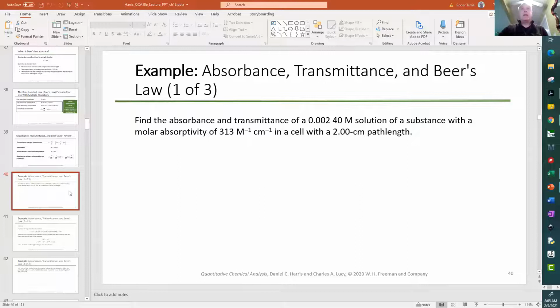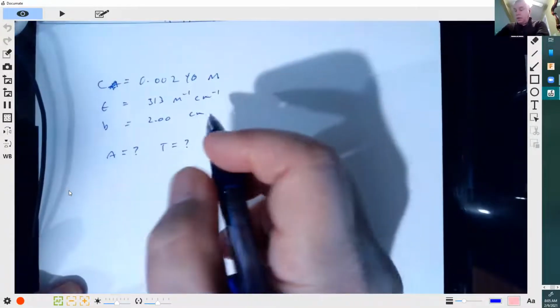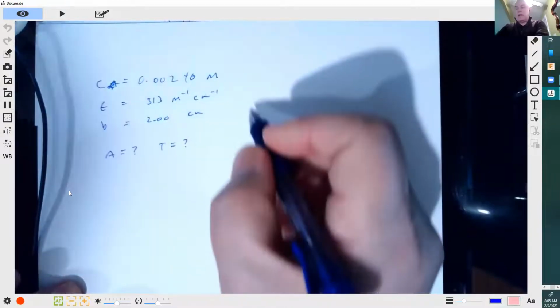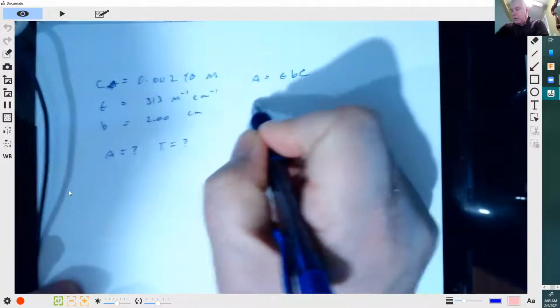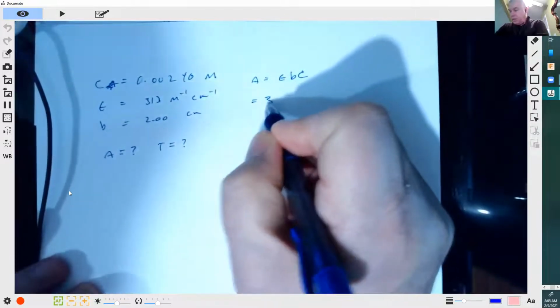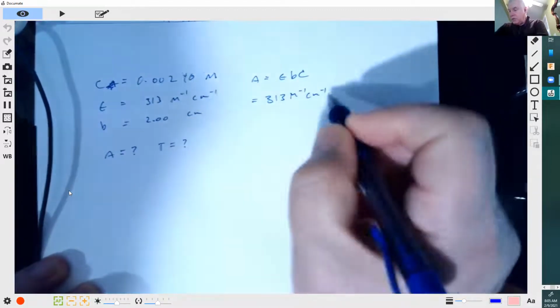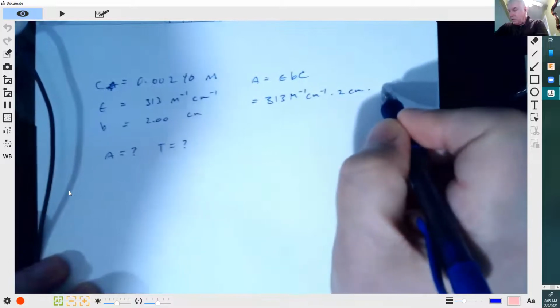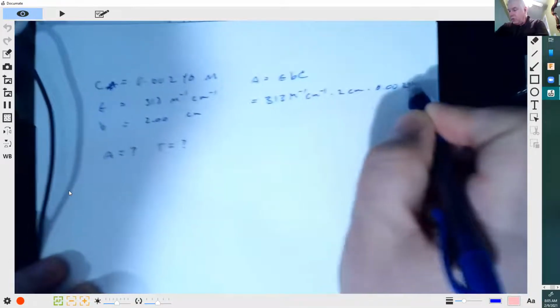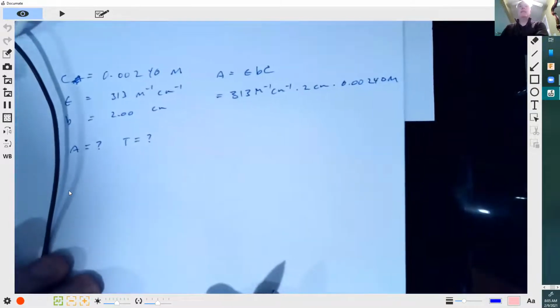Okay. So the easiest one here is A, right? Because A is equal to epsilon BC, which is 313 molar^-1 cm^-1 times 2 cm times 0.00240 molar, right?